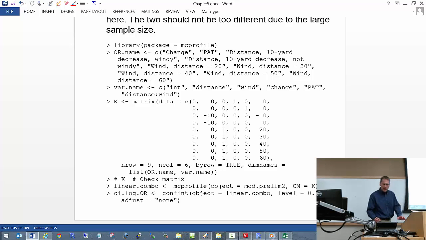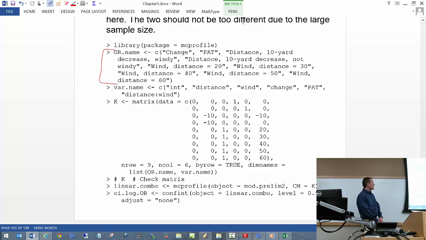And to look at these odds ratios, since I have so many odds ratios that I am looking at, I decided to make this a little bit more fancy in terms of the labeling. So the odds ratios I'm going to look at in order, I decided to create labels. The first one's going to be for change, the next one for PAT, the last one wind versus not, the wind variable at a distance of 60 yards.